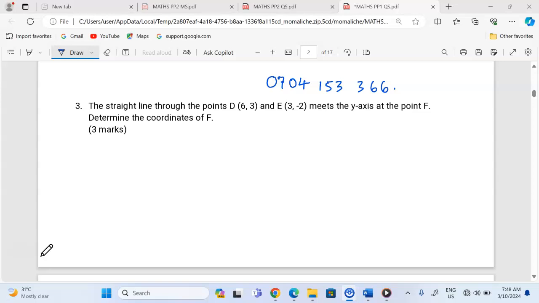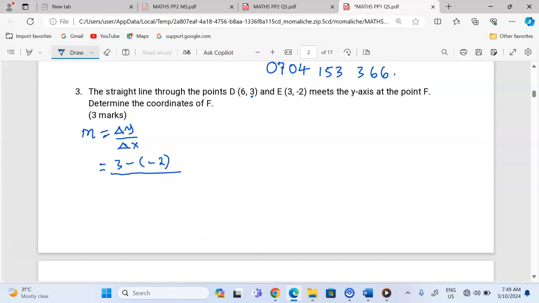What we're going to do is to start by first of all determining the gradient m for this line, which is given by change in y divided by change in x. When we substitute, for change in y we have the first y as 3 minus the second y, which is -2, then divide by change in x.